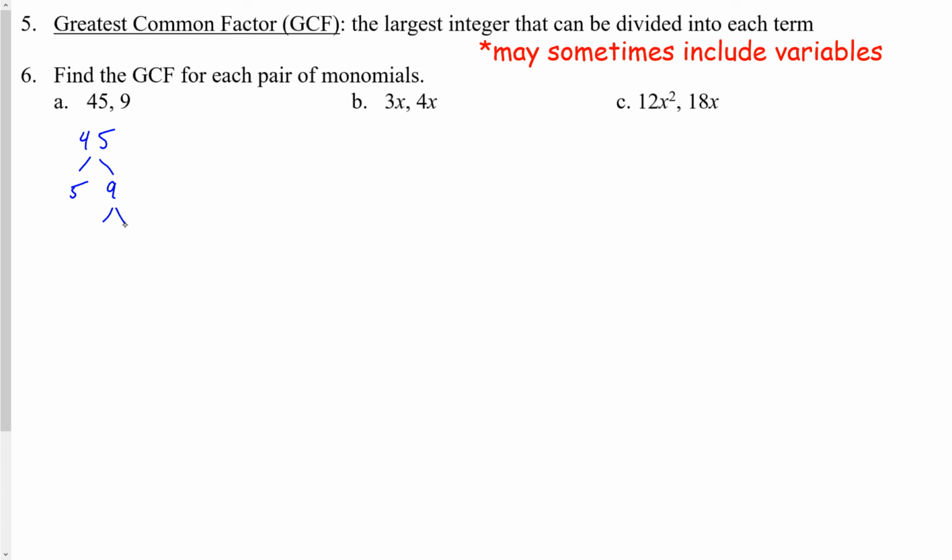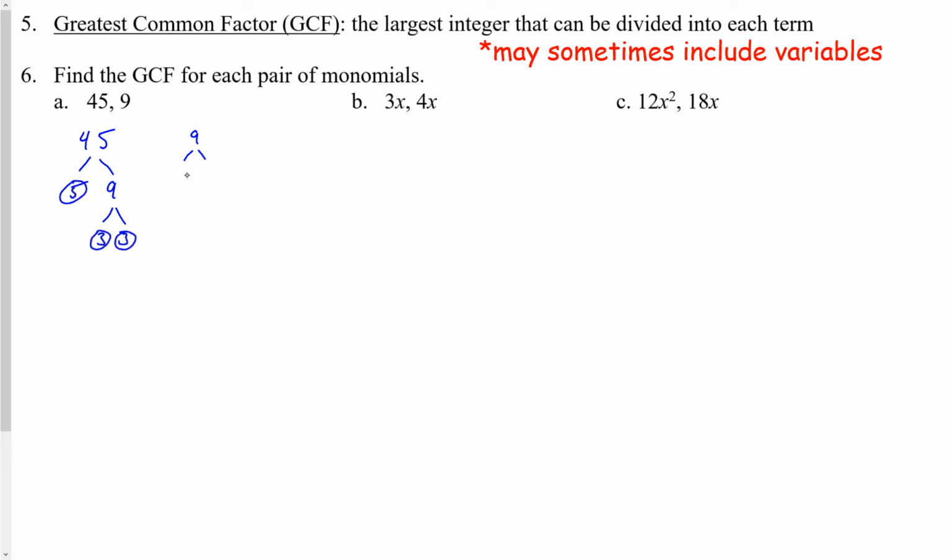When we continue to break this down, because 9 is not prime, we would break it down into 3 and 3. And now each of these factors are what are called prime factors. We do the same thing with the second value, 9.